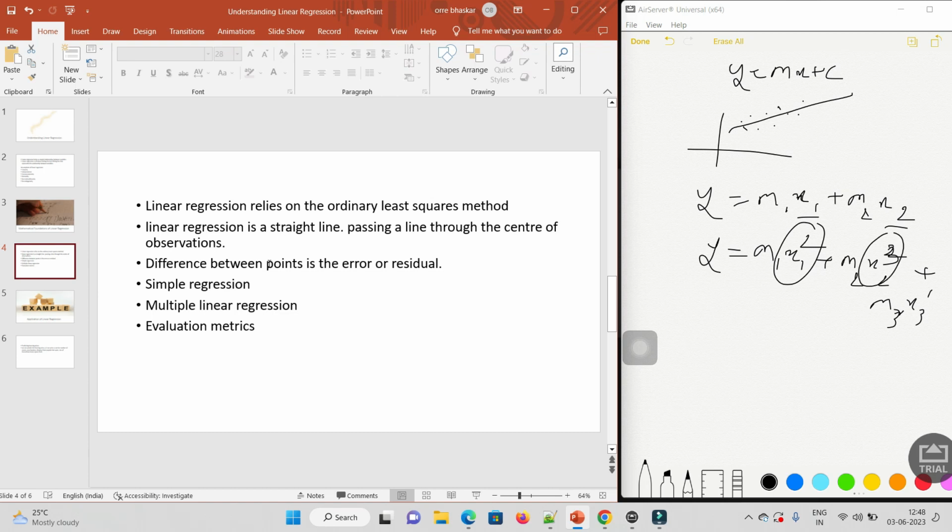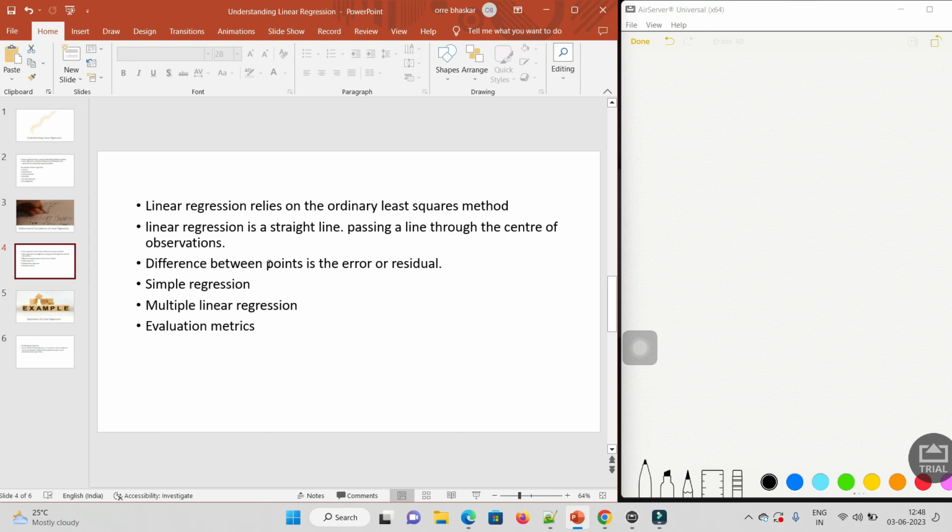Yes, it's a linear regression. Why is it linear regression? Because it is linear in terms of the coefficients m1, m2, m3. It's not about the independent variables. It's all about the coefficients. Okay, I hope it's clear. So this is multiple linear regression.